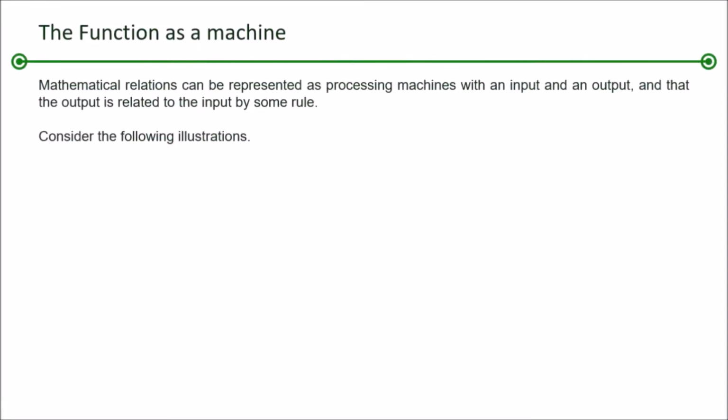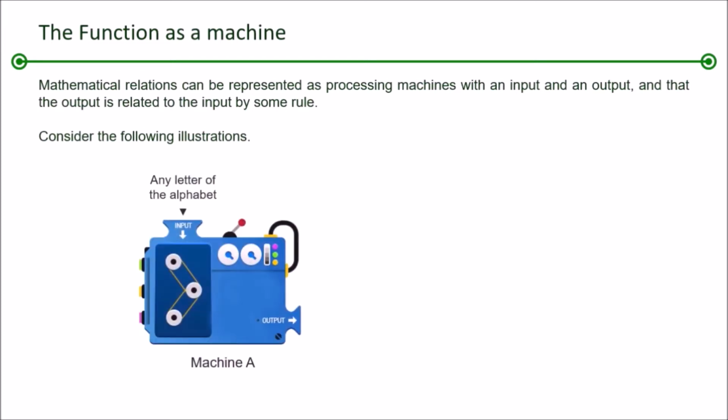The function as a machine. Mathematical relations can be represented as processing machines with an input and an output, and the output is related to the input by some rule. Consider the following illustrations. Let's say we have a machine labeled below as machine A that accepts any letter of the English alphabet as inputs.